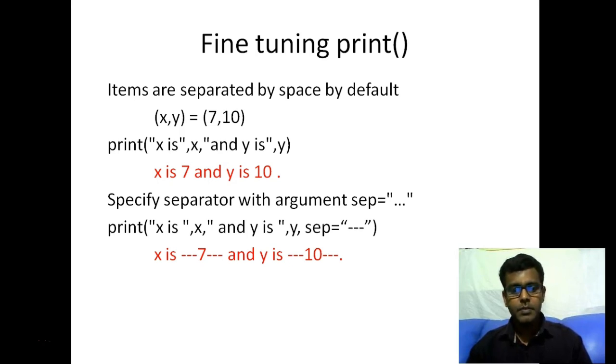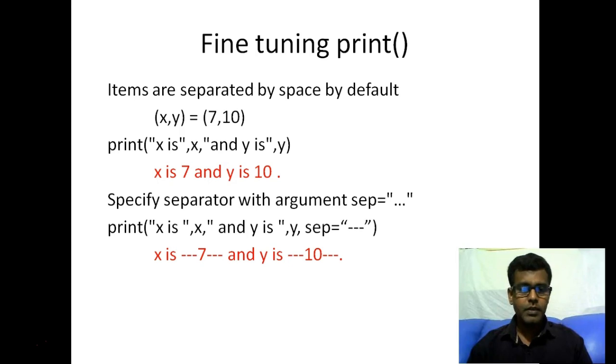The next print has the separator attribute, sep equal to, I have given 3 hyphens. In this print, x is comma x and y is comma y, comma, I am specifying the separator attribute sep equal to, within double quotes, 3 hyphens.